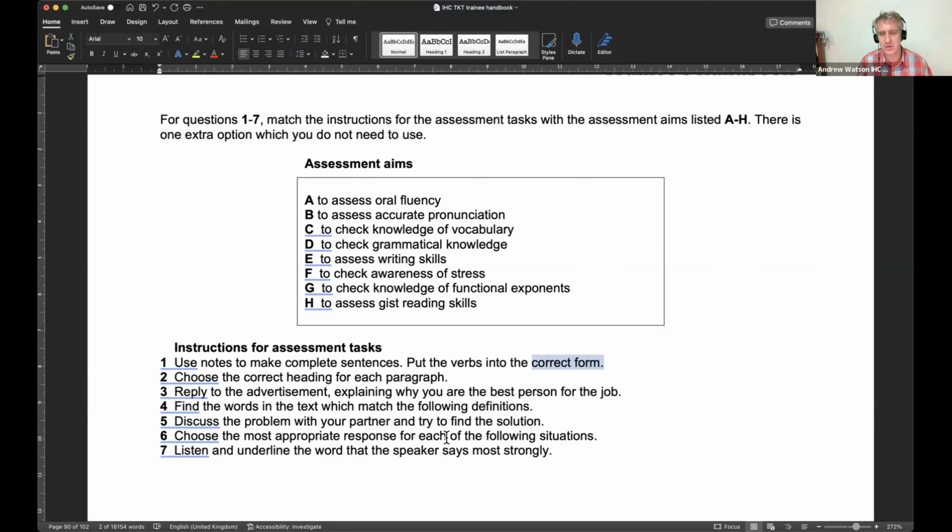Yeah, functional language is connected with situations or contexts where we've got to find the appropriate response. So 6 would be G. 7: just reading, underline the word that the speaker says most strongly would be stress. Correct.